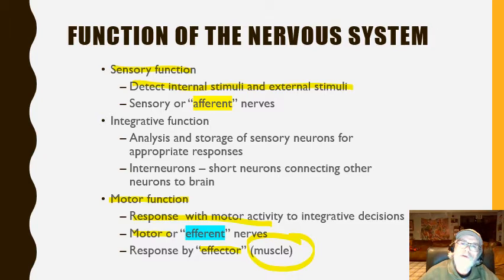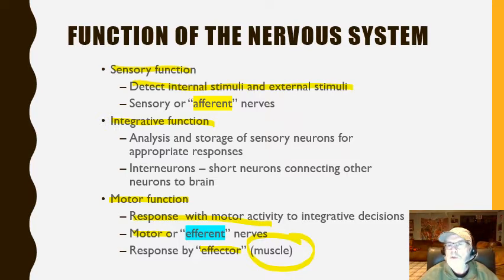We also have neurons that are involved in what we call integrative function. Because of their connections, these neurons are able to analyze and store input to be able to make an appropriate response.